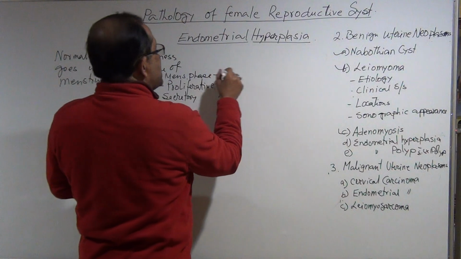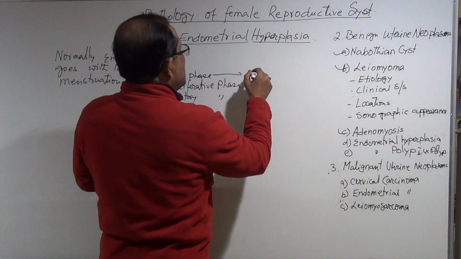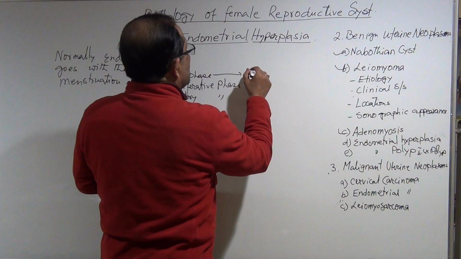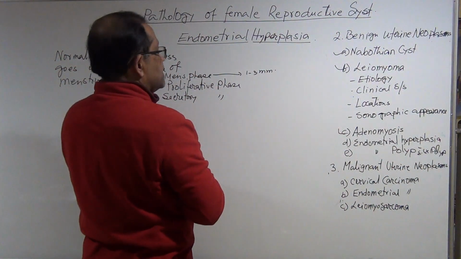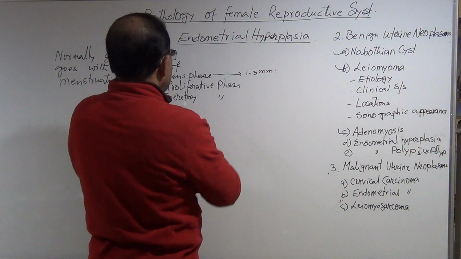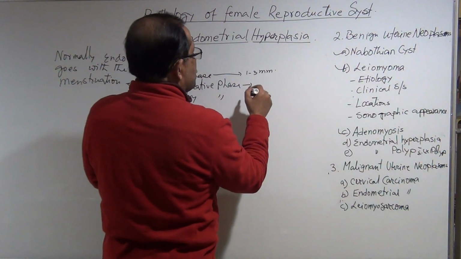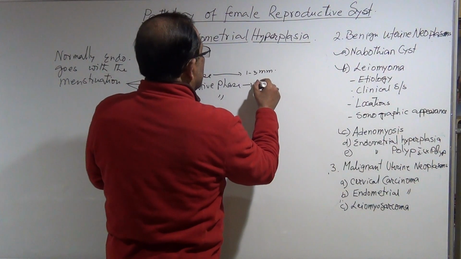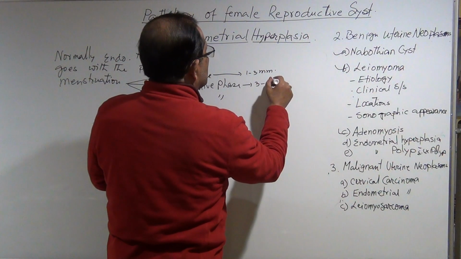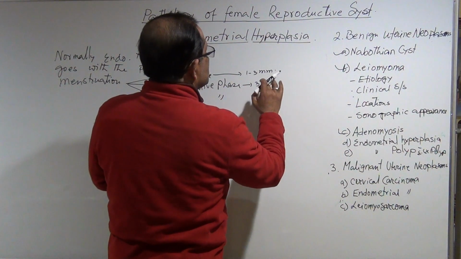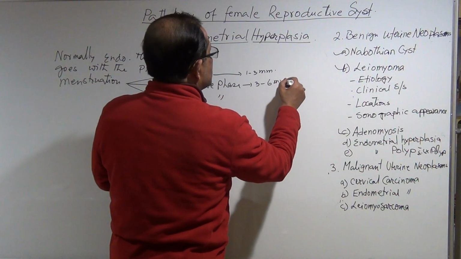Menstrual phase is shedding out, right? You might see 1 to 3 millimeter thickness, if you can see it. For proliferative phase, you might see 3 to 6 millimeter.